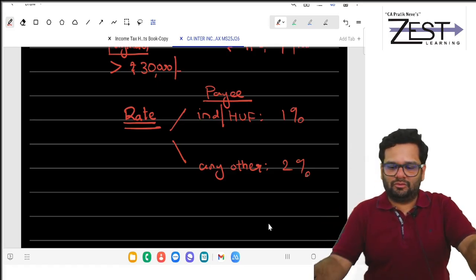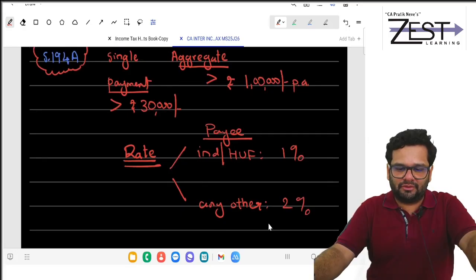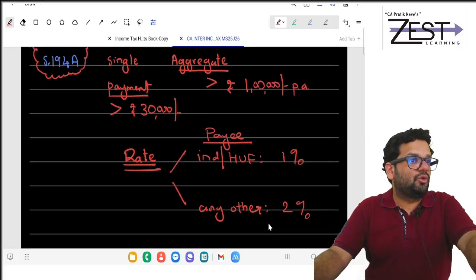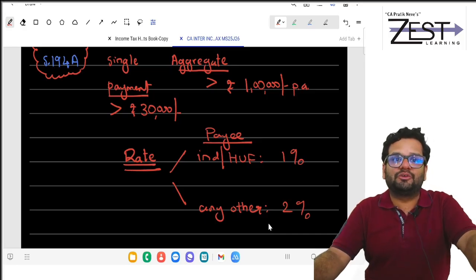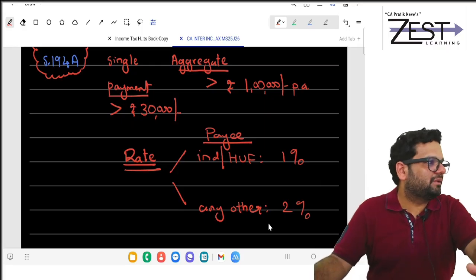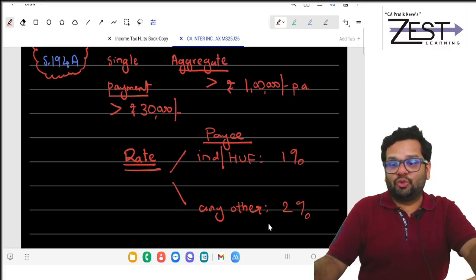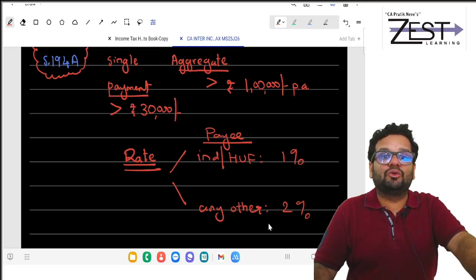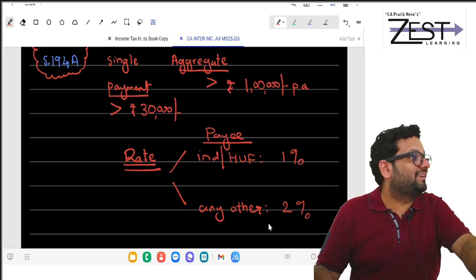These are very low rates of TDS. You can't charge big percentages. Logic is simple: the opposite party's profit margin is very less, so you can't take away much percentage from them. But still, you can't say don't do TDS, because we want to know. We want to make the transaction white.